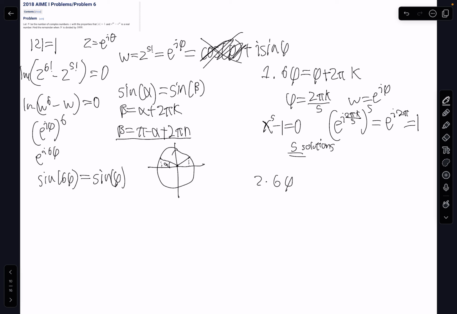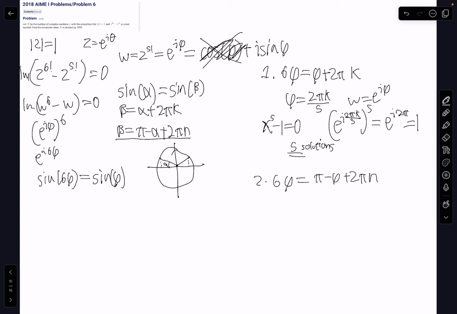So let's look at case 2 here, which corresponds to this. So beta equals 6 pi, which is pi minus phi, or alpha, plus 2 pi n. Right, so we have 7 pi is equal to, you can factor out pi, we have 2n plus 1 and divide by 7, like so.